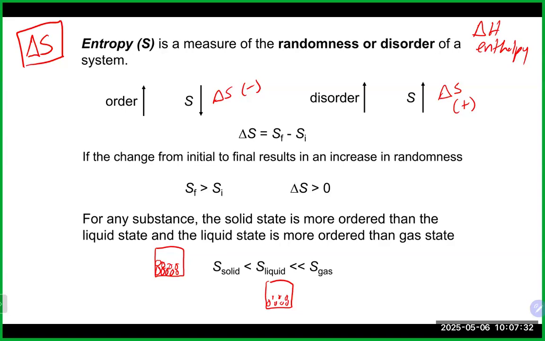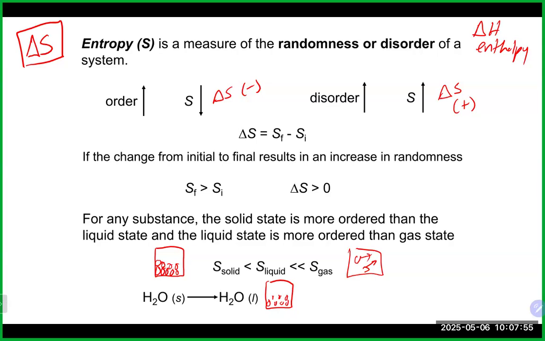When you get to the gas phase, there is a lot of craziness, with lots of things flying around. So as we go from solid to liquid to gas, the amount of entropy or disorder increases. We get a big increase in entropy.